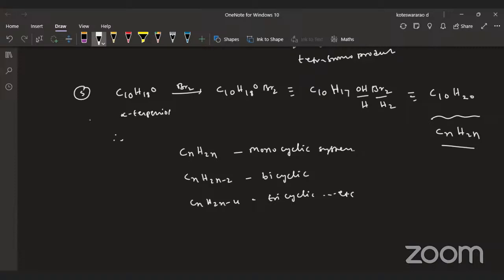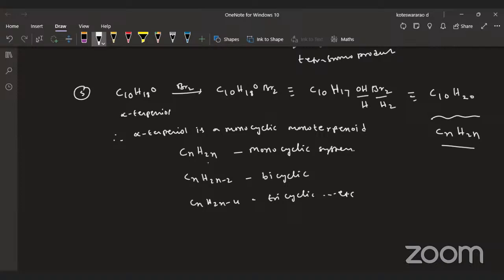Therefore, alpha terpinol is a monocyclic monoterpenoid.